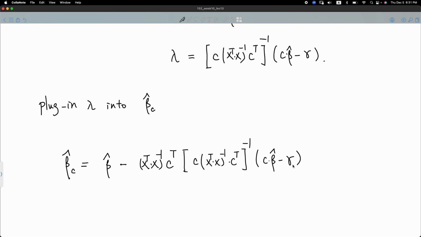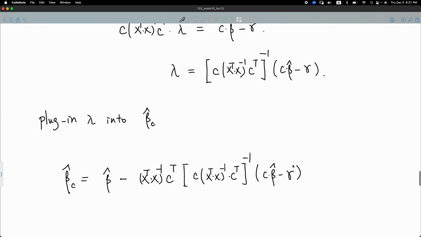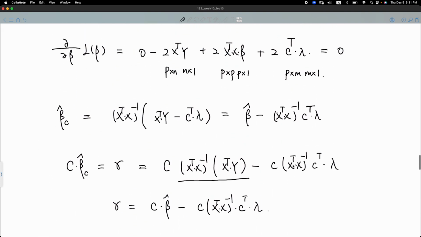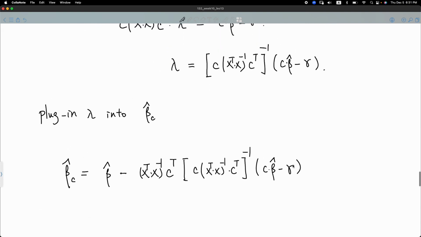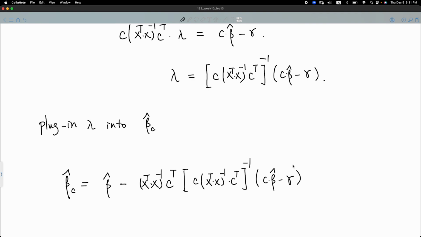So just a comment on this: sometimes you want to solve a constrained optimization problem, but even if you just want to satisfy, like in this case, a very simple constraint, which is just a linear constraint, c beta equal to gamma, you will see that the solution can be very difficult or very complex.